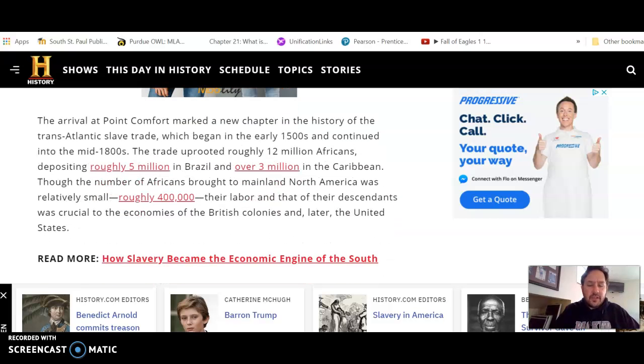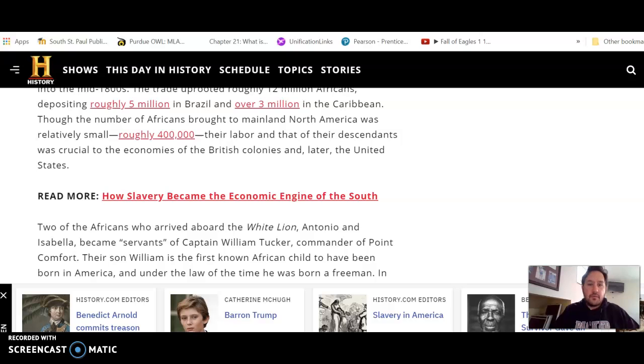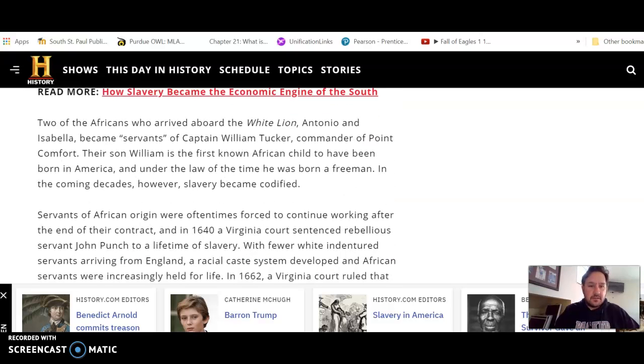The trade uprooted roughly 12 million Africans, depositing roughly 5 million in Brazil and over 3 million in the Caribbean. Though the number of Africans brought to mainland North America was relatively small at this point, roughly 400,000, their labor and that of their descendants was crucial to the economies of the British colonies and later the United States.